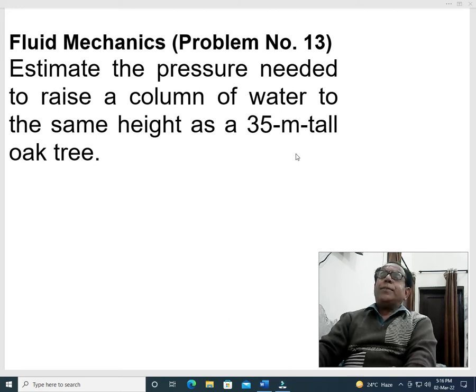So dear students, here the height is given as 35 meters. Moreover, a column of water means we have to bring into consideration the density of water, which is 1000 kilograms per meter cube.